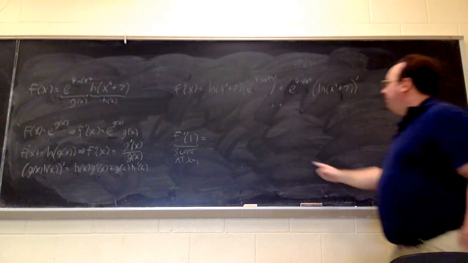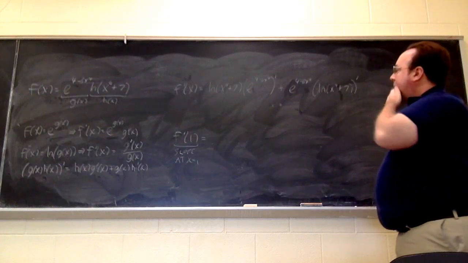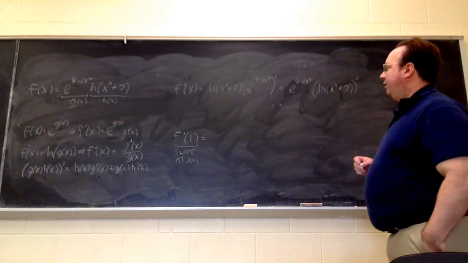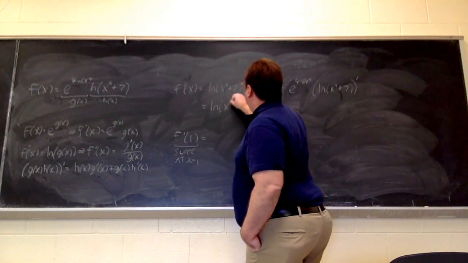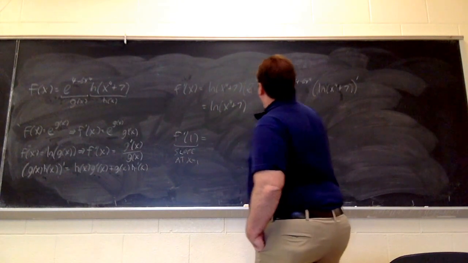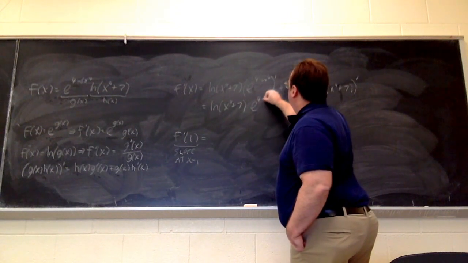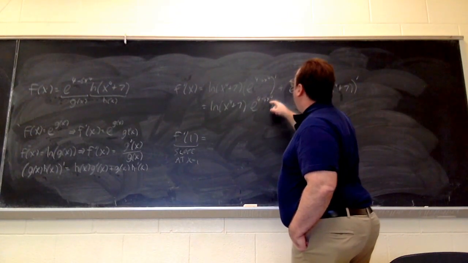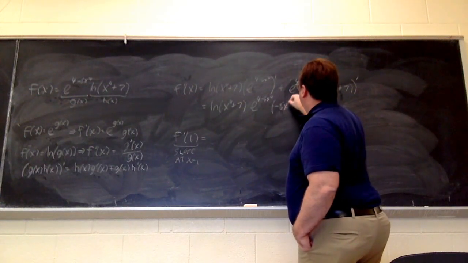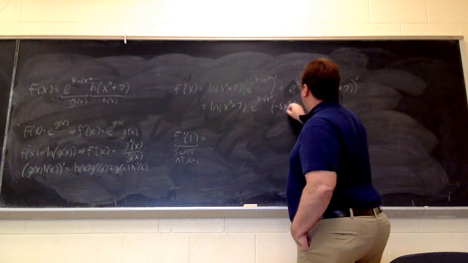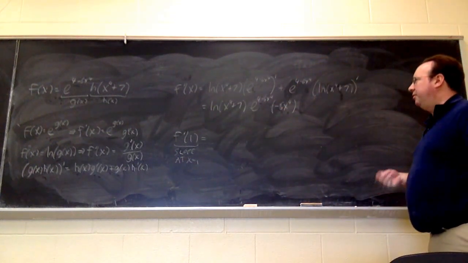Now to take these individual derivatives, I need to use the other rules that I've written down here. So I have natural log of x to the 4th plus 7, and then times the derivative of this. Well, the derivative of this is itself times the derivative of the exponent. The exponent is 4 minus 6x to the 4th; I just left out the 4 because it's not going to contribute anything, since the derivative of it is 0.